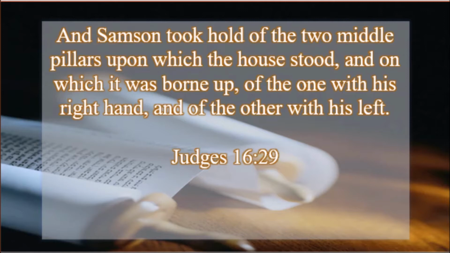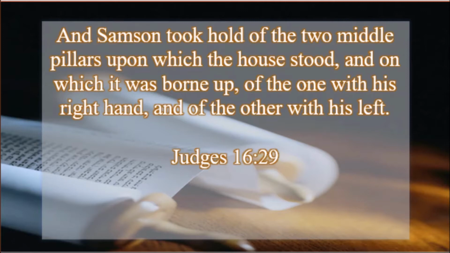But what he did was he took hold of the two middle pillars. And what did he do? He put his support in the two middle pillars. And of course we know what happened. He collapsed the pillars and the whole place came down.